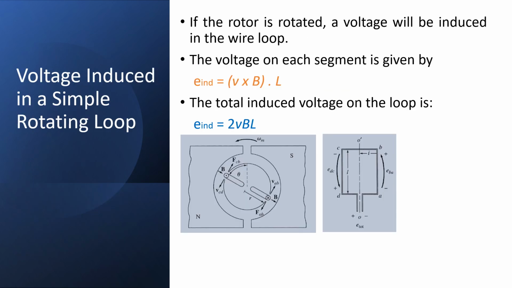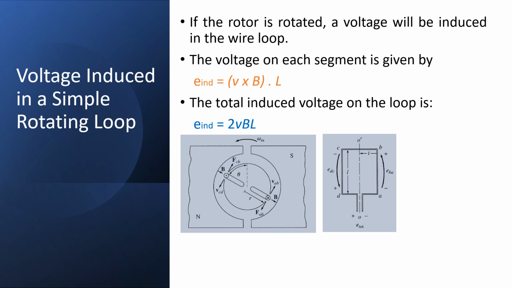For the voltage induced in a single rotating loop, if the rotor is rotated, there will be a voltage induced in the wire loop. The voltage on each segment is given by the formula E induced equals V times B times L, wherein V is the speed of rotation of the loop, B is the magnetic field, and L is the length of the conductor.